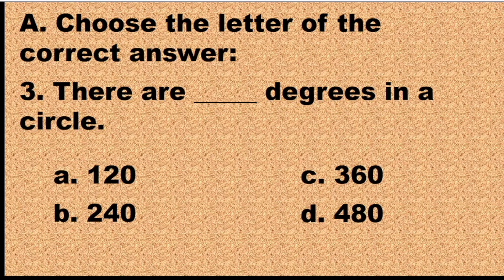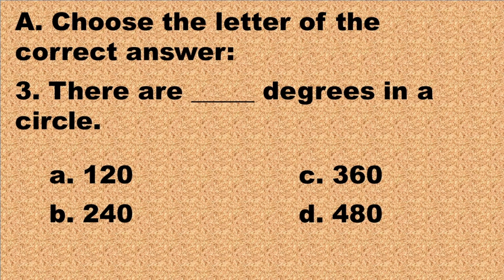Number 3. There are blank degrees in a circle. A. 120, B. 240, C. 360, D. 480. Your timer starts now.